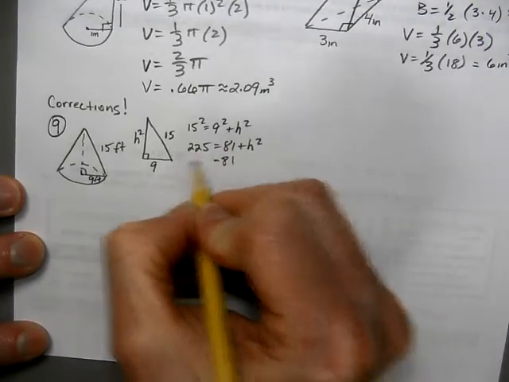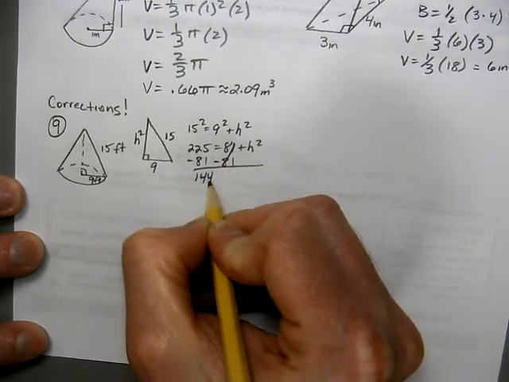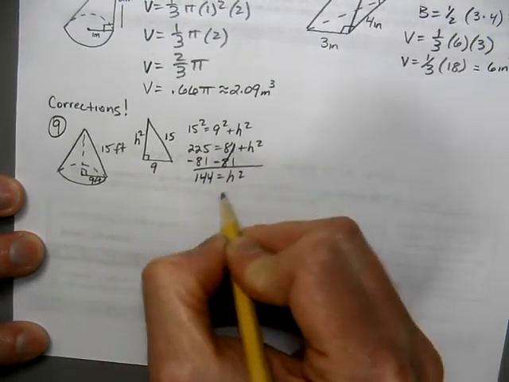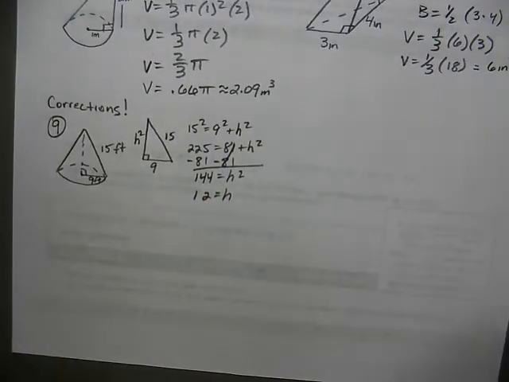So when we subtract 81, we get a height of 12.